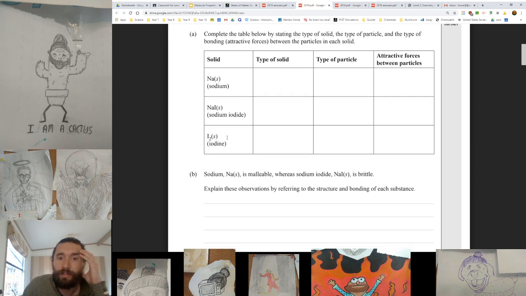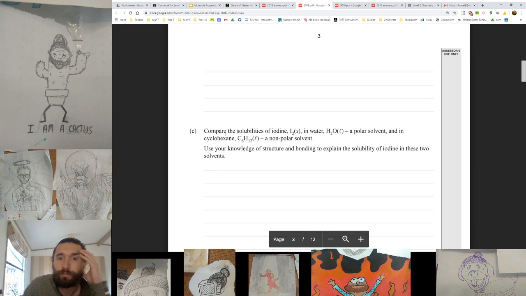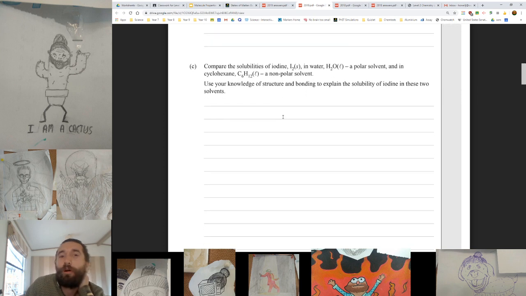So let's have a look at one of these questions for the molecular ones. Here we go. Compare the solubilities of iodine in water, a polar solvent, and in cyclohexane, a non-polar solvent. Using your knowledge of structure and bonding to explain the solubility of iodine in these two solvents.